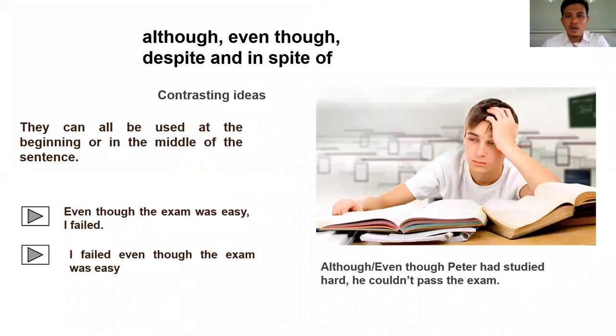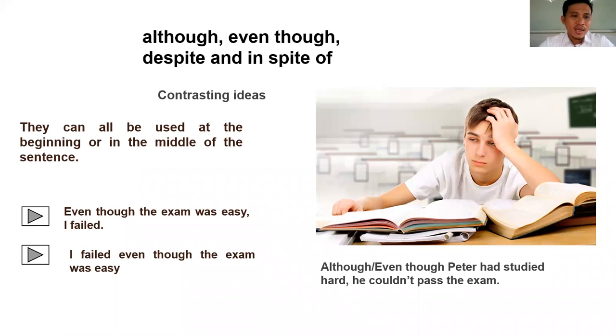So although, even though, despite, and in spite of, this is to show contrasting ideas. When we have two different ideas, and the next idea is surprising, this is what we are not expecting to happen.